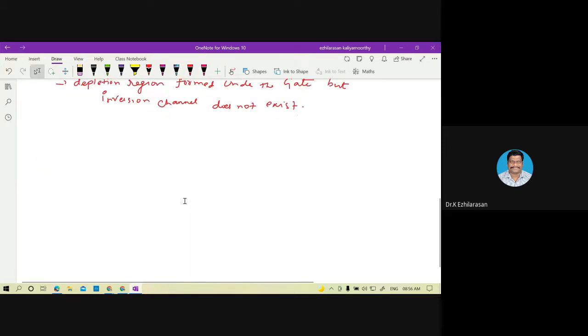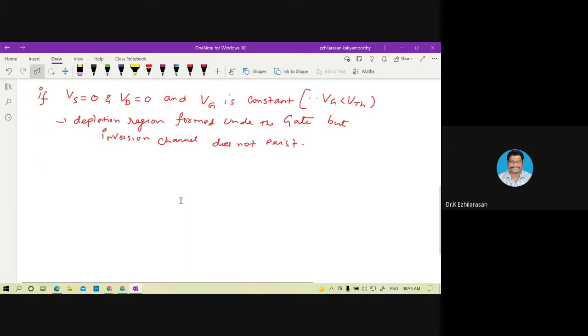This is what we showed in the previous figure. This is the one condition we took. Now, as VB becomes more negative, meaning VB is very much less than 0, or less than the source voltage, because Vs is 0 already.